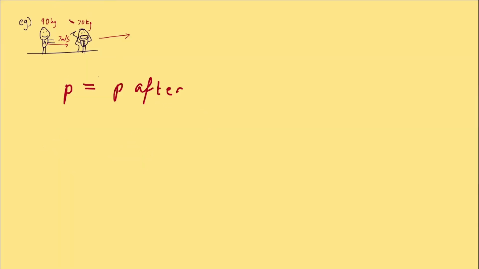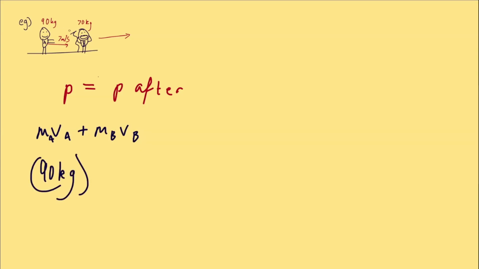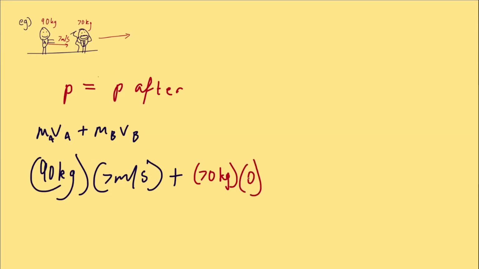The total momentum in this system prior to the collision is the momentum of dude number A plus the momentum of dude number B. Momentum of dude A is 90 kilos multiplied by 7 meters per second. And dude number B, he has a mass of 70 kilos, but he's at rest, so his momentum is 0.